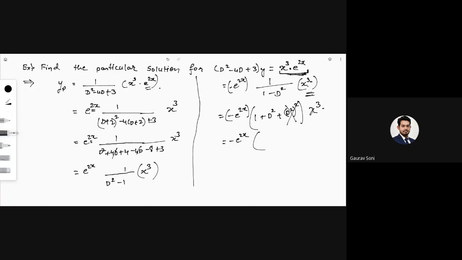So we'll remove this term. 1 plus d square, x cube. Now open the bracket: minus e to the power 2x, x cube plus d square x cube.